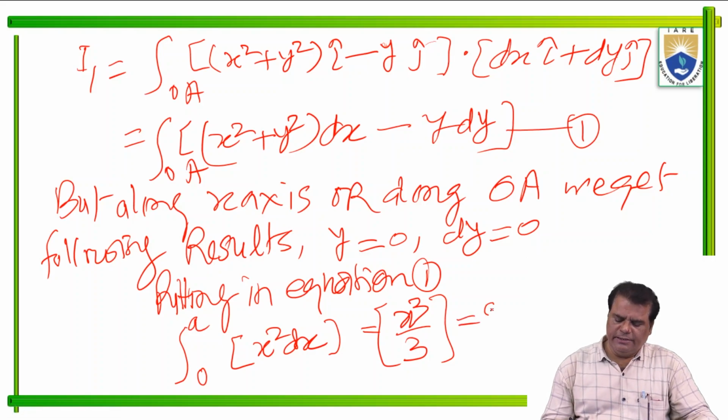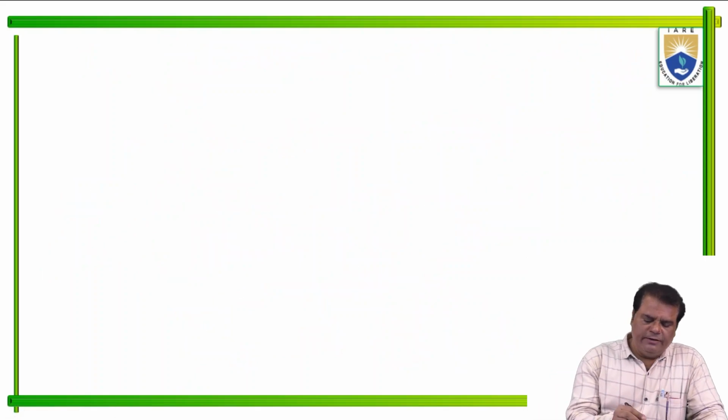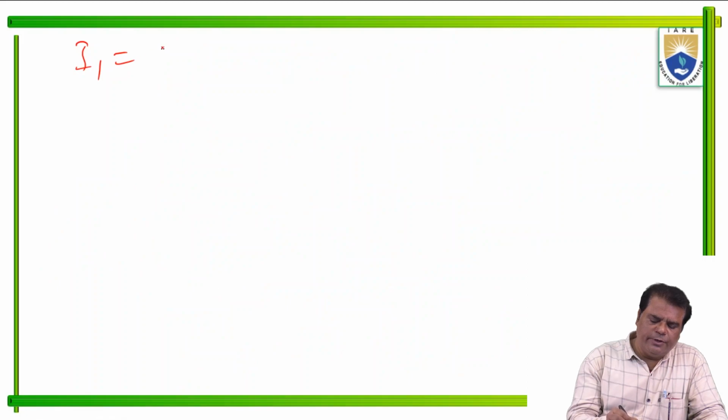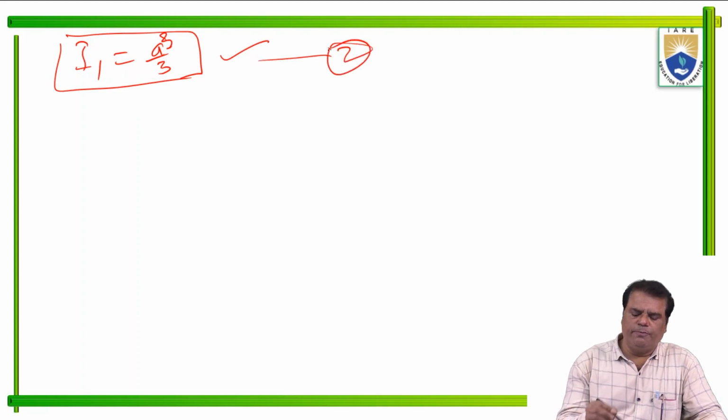So this result is a³/3. So I1 is equal to a³/3. This is the value of the first integral, equation 2.